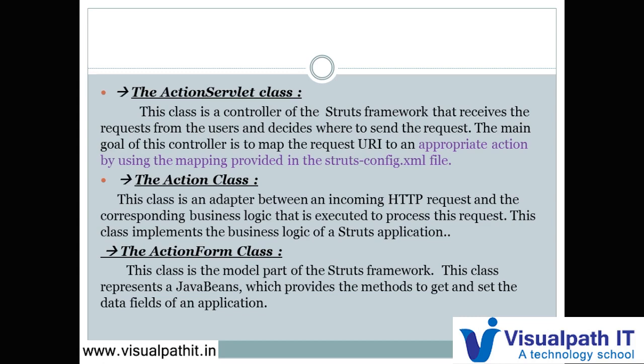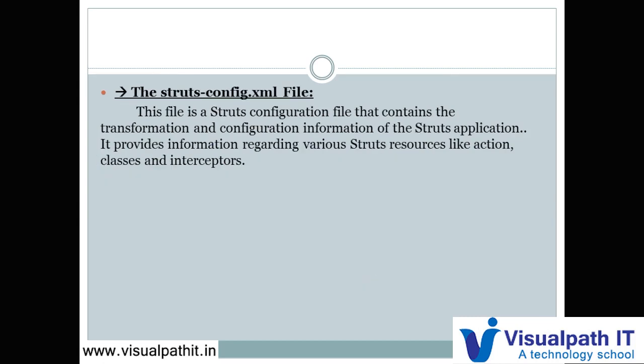Again, these action forms are also defined in struts-config.xml for the appropriate mapping. Everything will be mentioned within the struts-config.xml file. Now let's understand what exactly the struts-config.xml file consists of. It is basically the Struts configuration file.